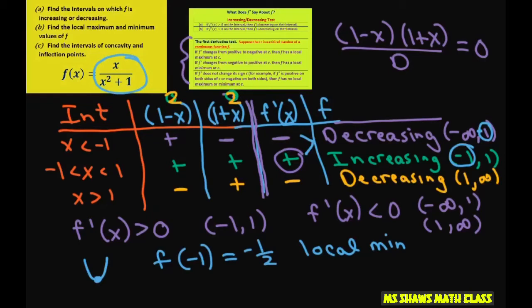All right, and then we are increasing to decreasing, and that's happening here at 1. So f of 1 equals 1/2, and that means it's a local max.